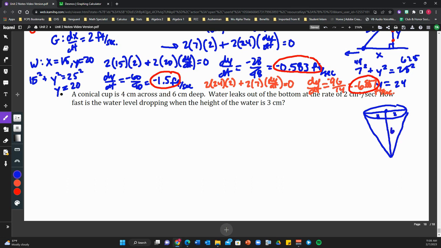So again, what that means, even before reading the rest of the problem and setting up all of the find and when given stuff, we can establish this relationship that r over h would be equal to 2 over 6. Obviously, we can reduce that to 1/3, but we don't really need to transform it just yet because how we transform it will depend on the rate that we have.